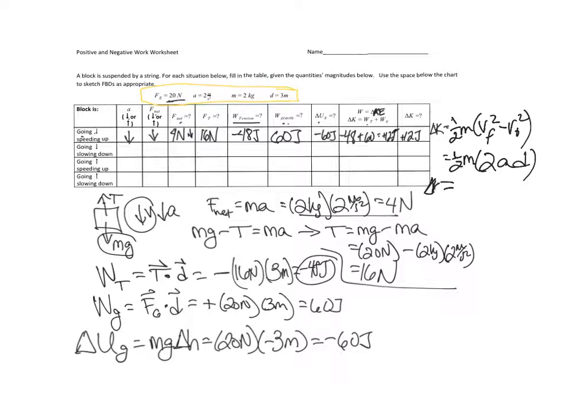So your delta K is mad. If you put in these numbers, you get 2, 2, 3, 12. Yay! Kinematics and energy go nicely together. All right, so the rest of your homework is to do these other 3 rows.